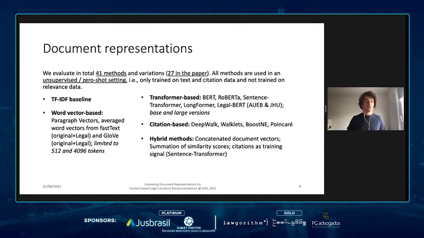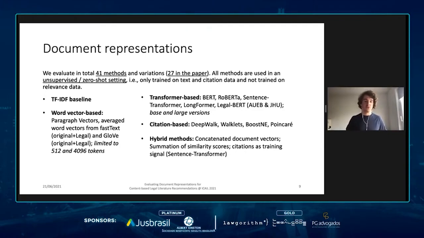In addition to the text-based methods, we have citation-based methods that utilize the citation graph to derive document embeddings. And lastly, we have hybrid methods that make use of both text and citation features.